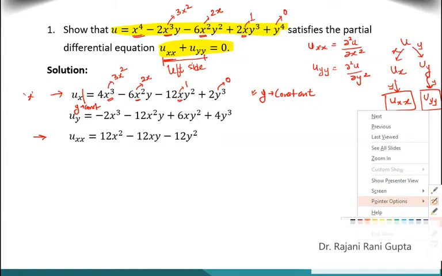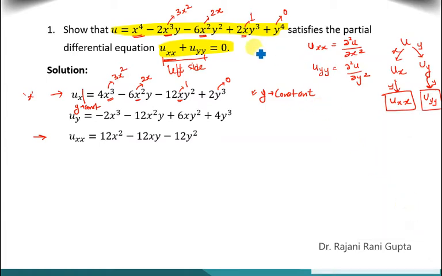Now similarly, we work with y. This is the derivative with respect to y. When we differentiate with respect to y, we consider x as a constant. We begin with the first derivative. Now see, x power 4, x is a constant, so its derivative is 0.